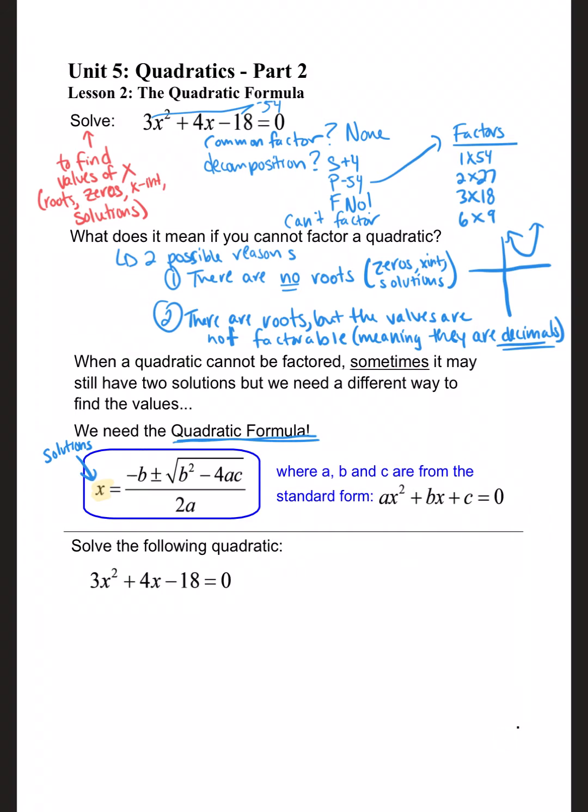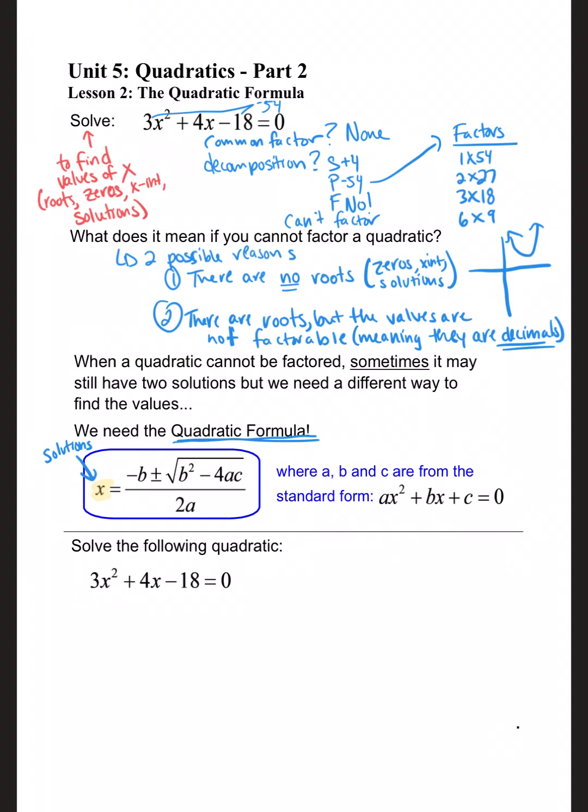It's x equals negative b plus or minus. We've seen this plus or minus before, where it helps us identify two different solutions or roots. Plus or minus the square root of b squared minus 4ac all over 2a.